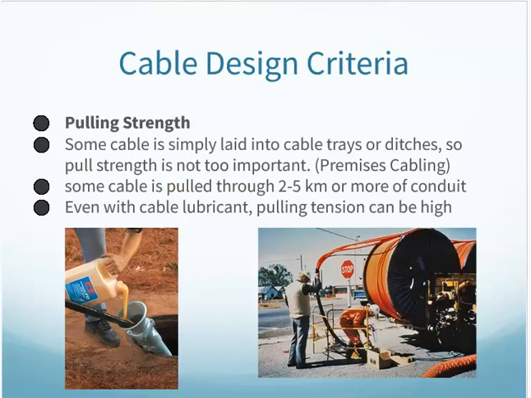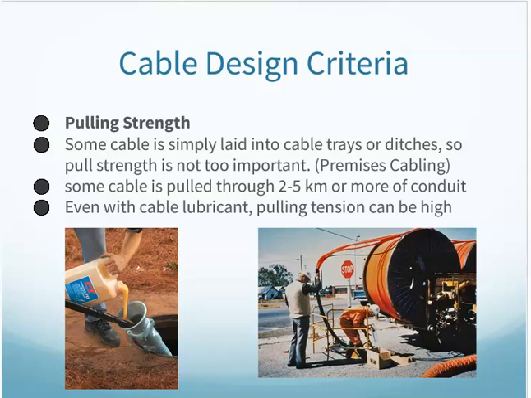Criteria then, for the cable you're installing, we need to worry about the pulling strength. Any inside plant, you're typically laying it in trays or things that are kind of in place already in the building, so your pulling strength is not a huge concern. You still need to be gentle with it, but it's not as big a concern as with outside plant.